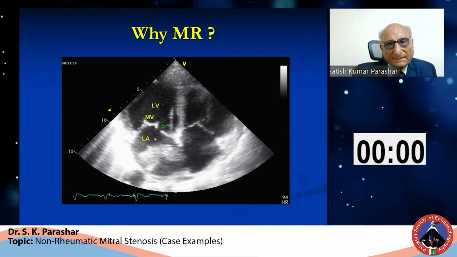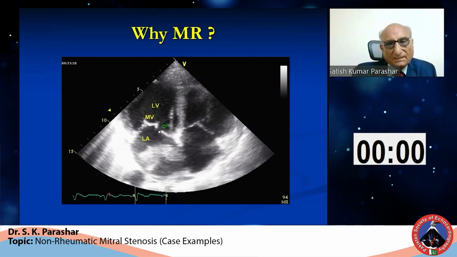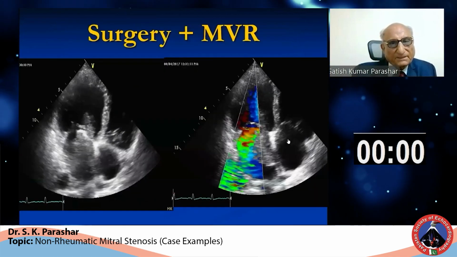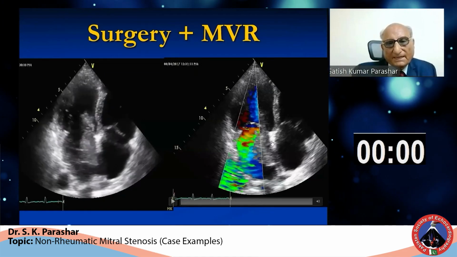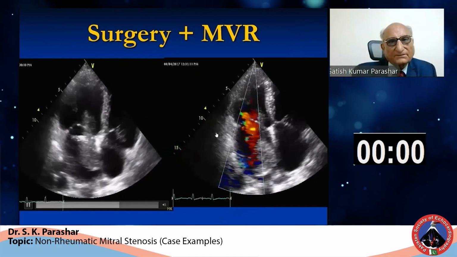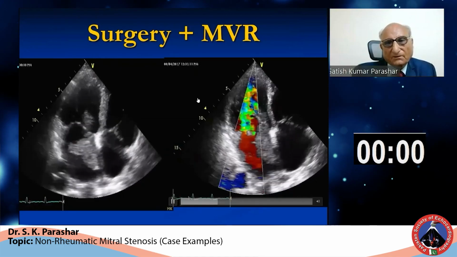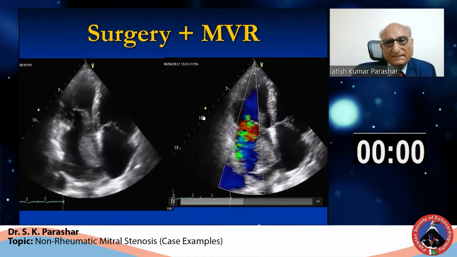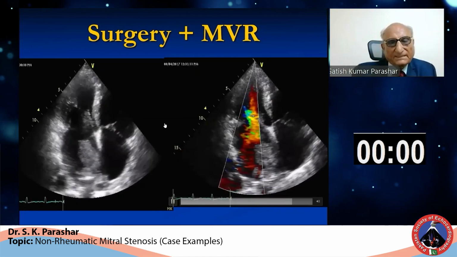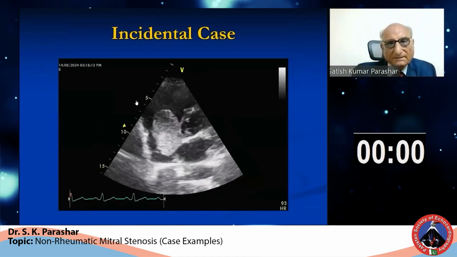The tumor was coming and hitting the anterior mitral leaflet, producing a perforation, and hence both MS and MR, and this patient underwent surgery and mitral valve replacement. So any of these things can produce a transient stenosis, which disappears after the treatment.